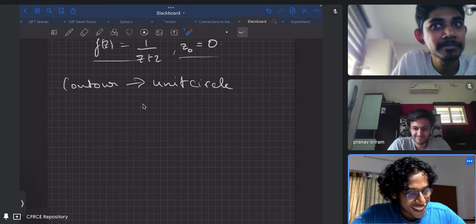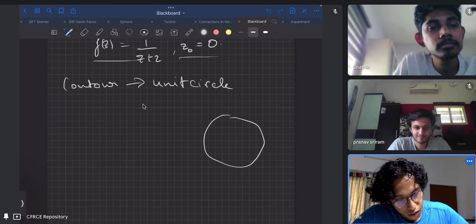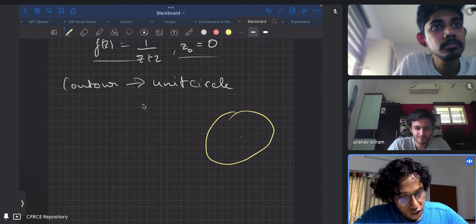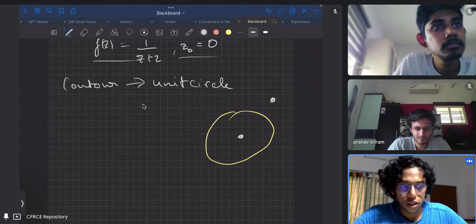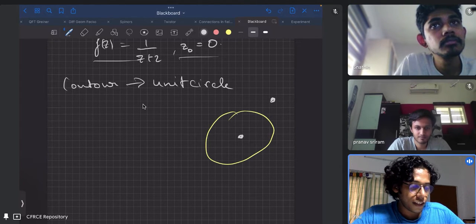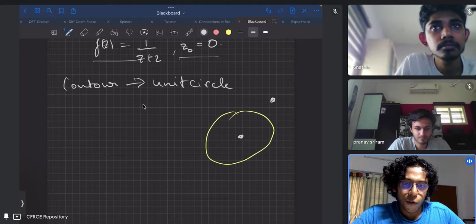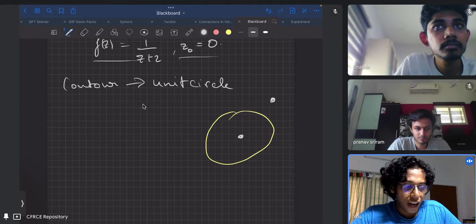Essentially you have some sort of a contour, and you have a singularity within the contour, and then you have a singularity somewhere outside the contour. Now we are evaluating the integral over the contour. Does the factor that you're getting come from the fact that there is a singularity outside the contour as well?